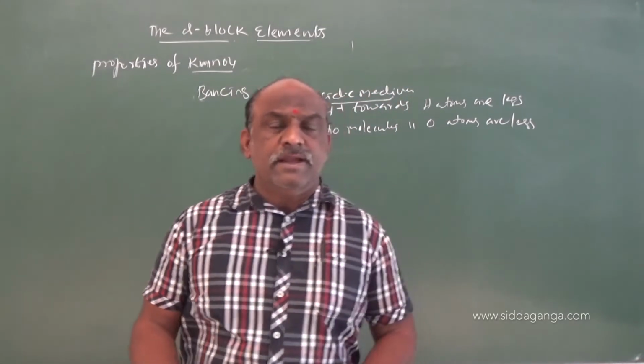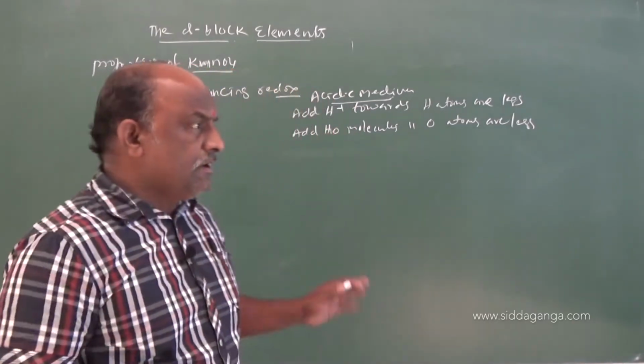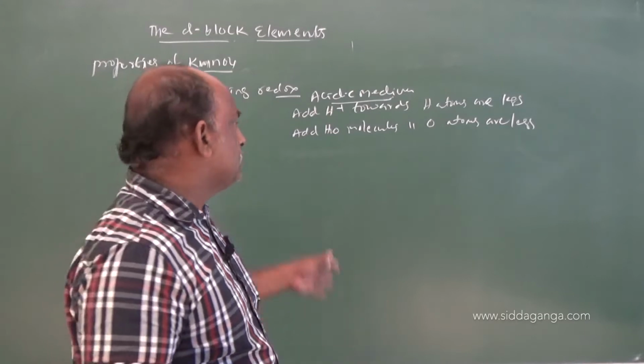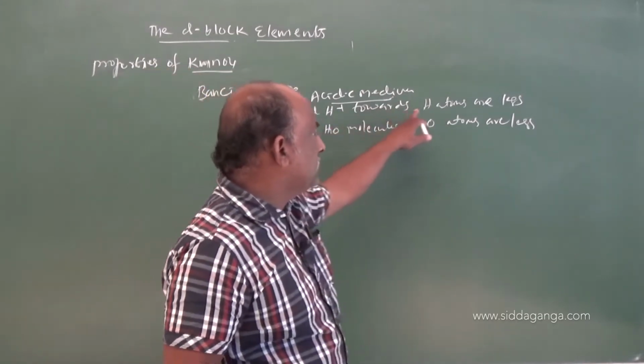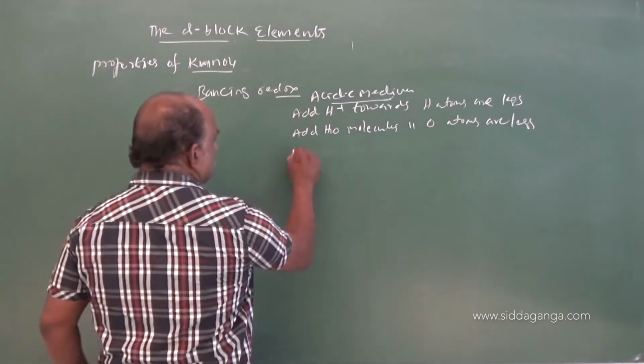In acidic medium, balancing a redox reaction, whether the oxidation reaction or the reduction reaction, you should balance like this: add H+ where H atoms are fewer, add water molecules where O atoms are fewer. And next, alkaline medium.